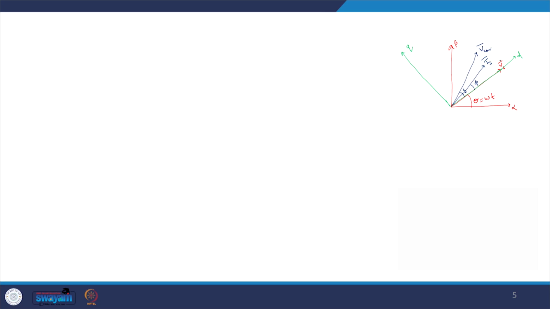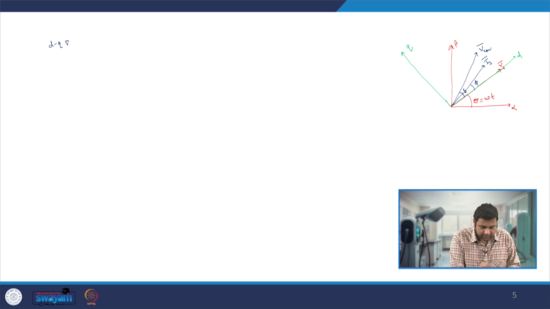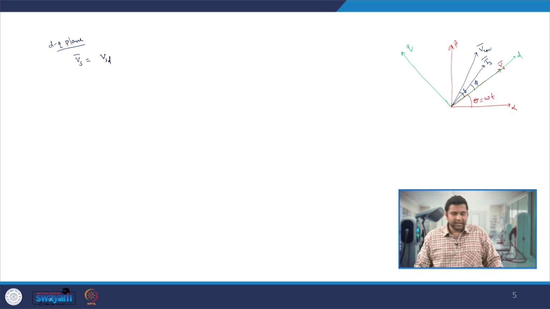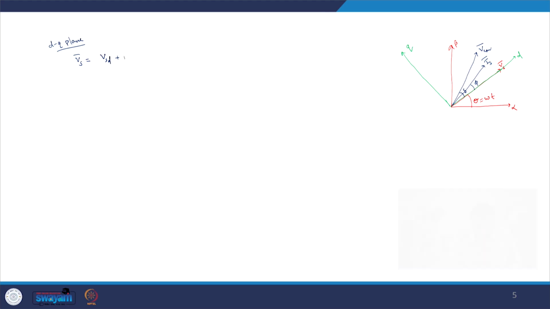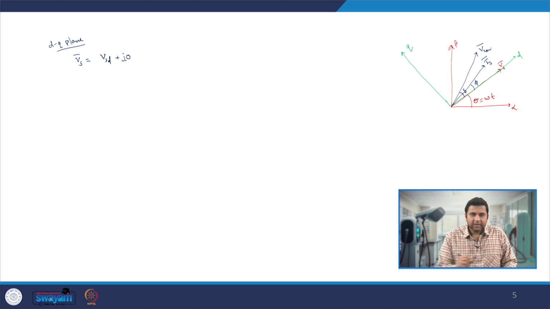For the dq axis plane, we can define my Vs phasor as nothing but the component of Vs along the d axis, plus, since d and q are 90 degrees apart, j times 0, where j corresponds to 90 degrees.